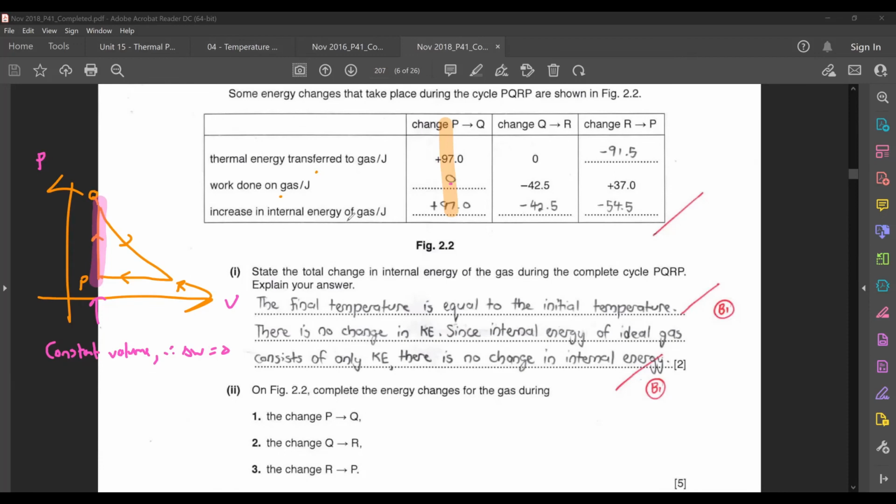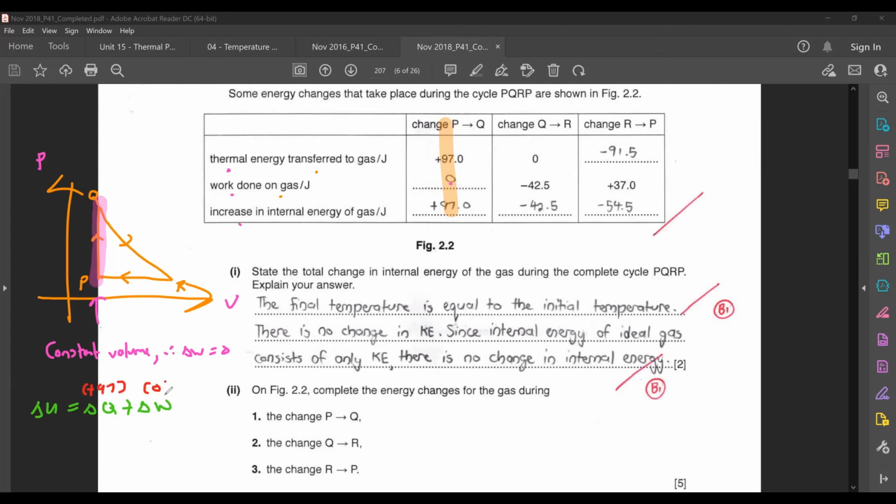Now, what about the increase in internal energy of the gas? This one has mentioned thermal energy, work done, and increase in internal energy. You would have to relate it to the thermodynamic first law. So this one is delta U equals delta Q plus delta W. In your case here, you already know that thermal energy transfer is positive 97.